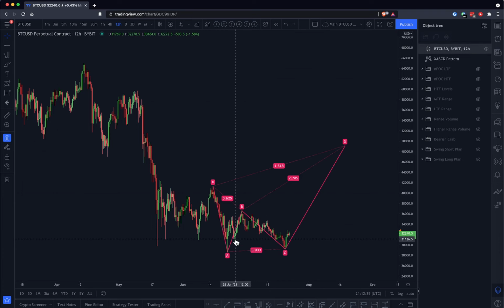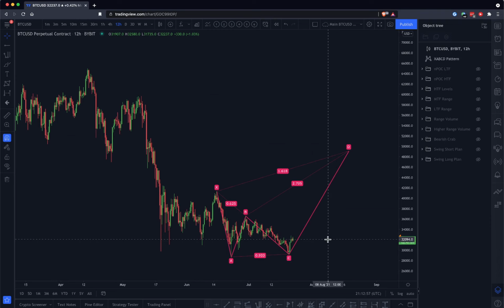So this is an idea, so it doesn't mean that it will definitely 100% reach that, but there is a high probability of reaching this level because of the other confluences that I was seeing on the chart and also the context behind the move.